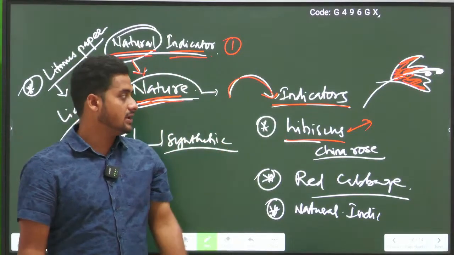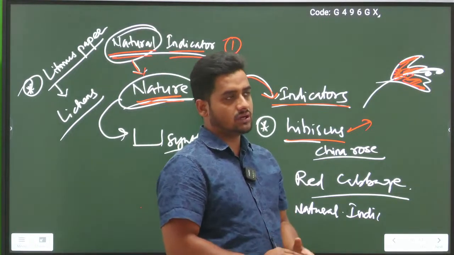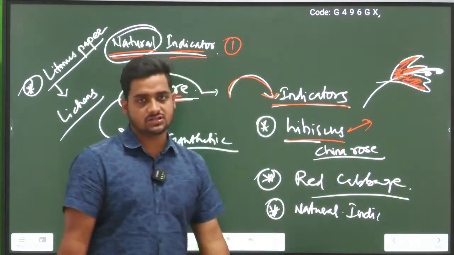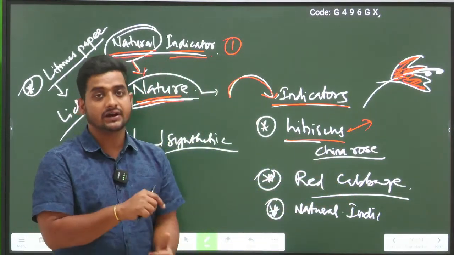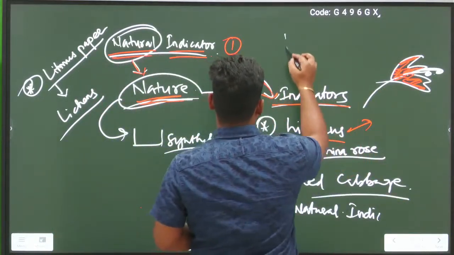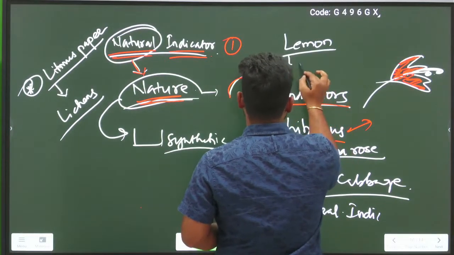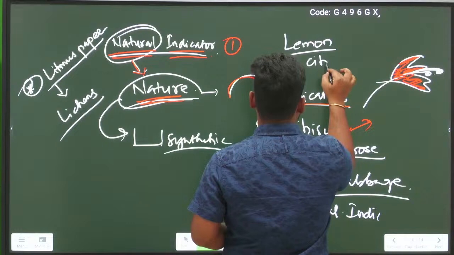So take a lemon and cut it with a knife which has been rubbed with hibiscus, then you get a red color there. That means you can say that lemon is an acid. What acid is it having? It is having citric acid.